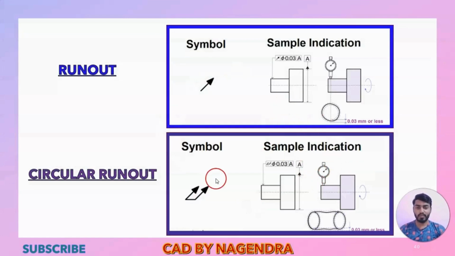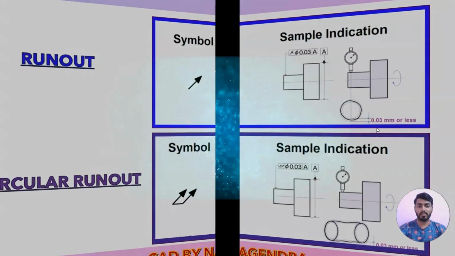So in such cases we can use runout and circular runout to specify the entire cylinder as straight like this. You can see we should not have any taper shape like this. It should have circular motion for all of this overall length. But runout means only at a particular position we will check here. So like that, according to our requirement, we will mention this. I hope you have understood this also.